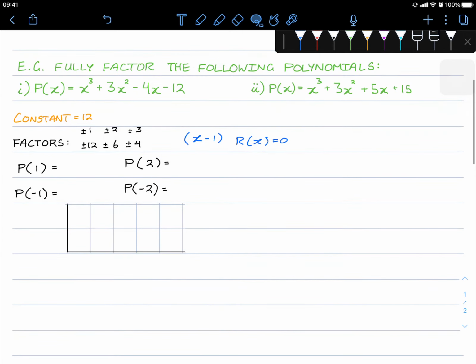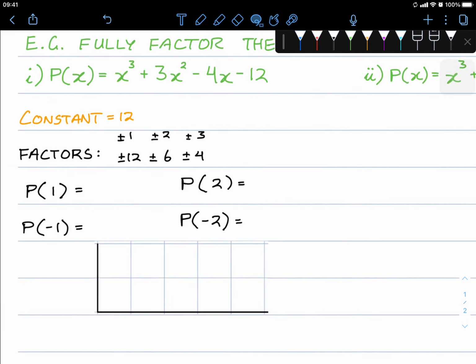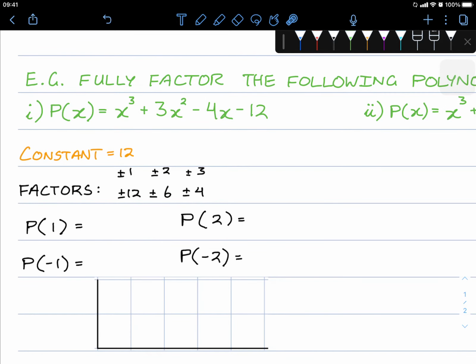Using your calculator, I want you to substitute the values of 1, negative 1, 2, and negative 2 into our polynomial. I'm going to use my physical calculator here. It's a lot faster. 1 cubed plus 3 times 1 squared minus 4 times 1 minus 12. You should get negative 12 for this. So 1 is not a factor.